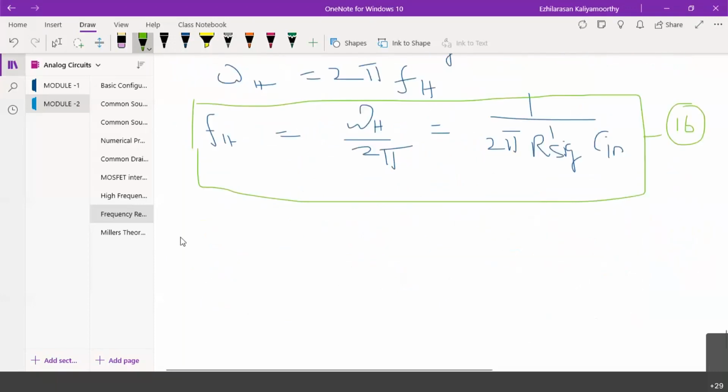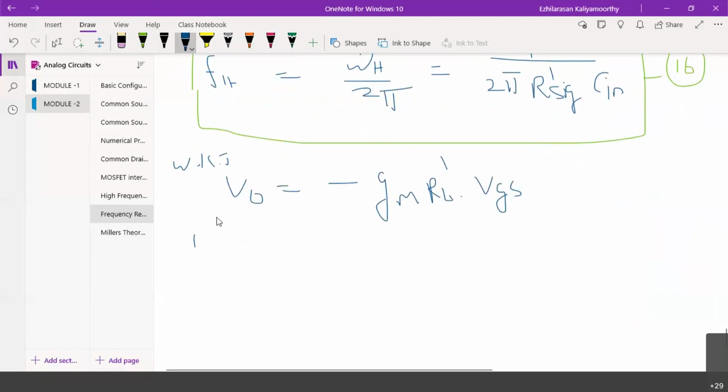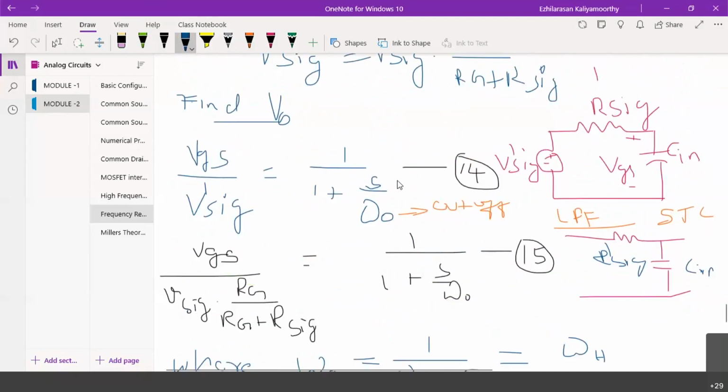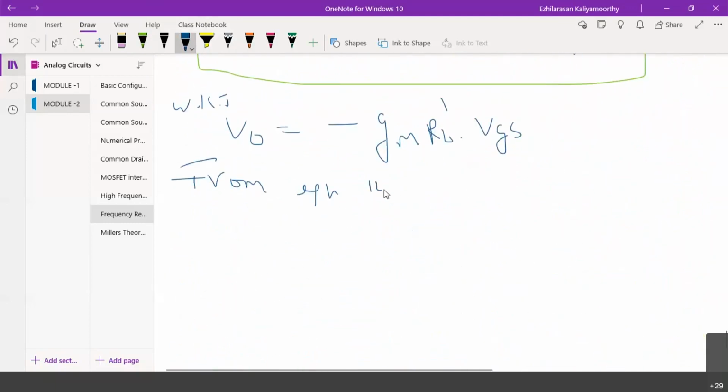So now let us take, from what we know, that previously the output voltage V naught is equal to minus GM RL dash into VGS. Previously only we have written this, already we know. So now from equation 14, which is this one, take it from equation number 14.